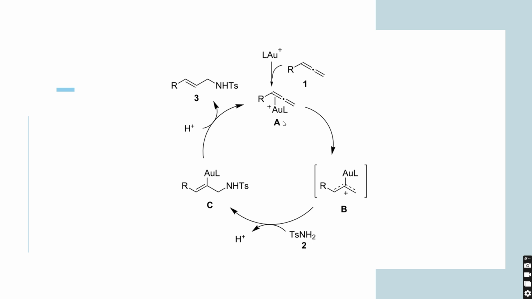Okay, and that is going to give you a positively charged eta 3 gold complex of this type, which is B, and compound B is now going to be attacked by the aromatic amine to give you the internal alkene.